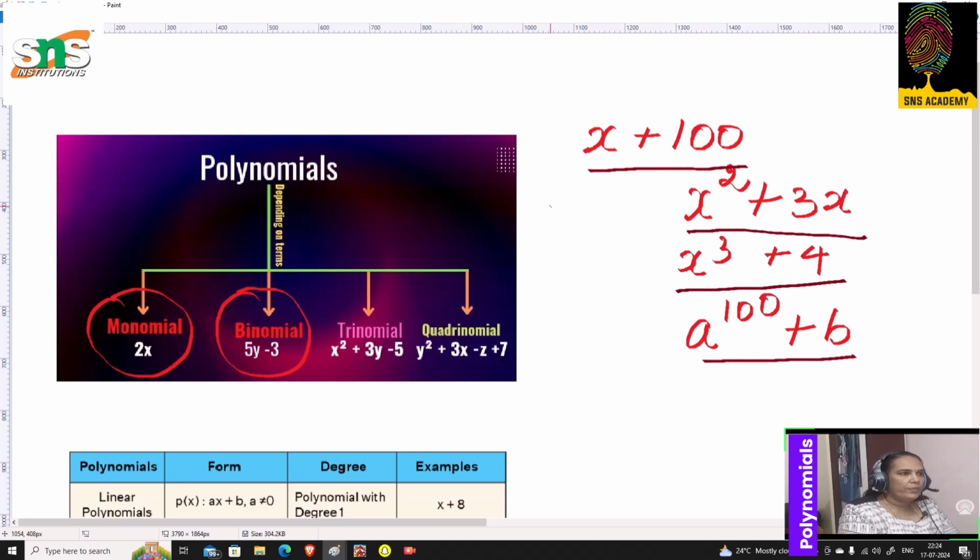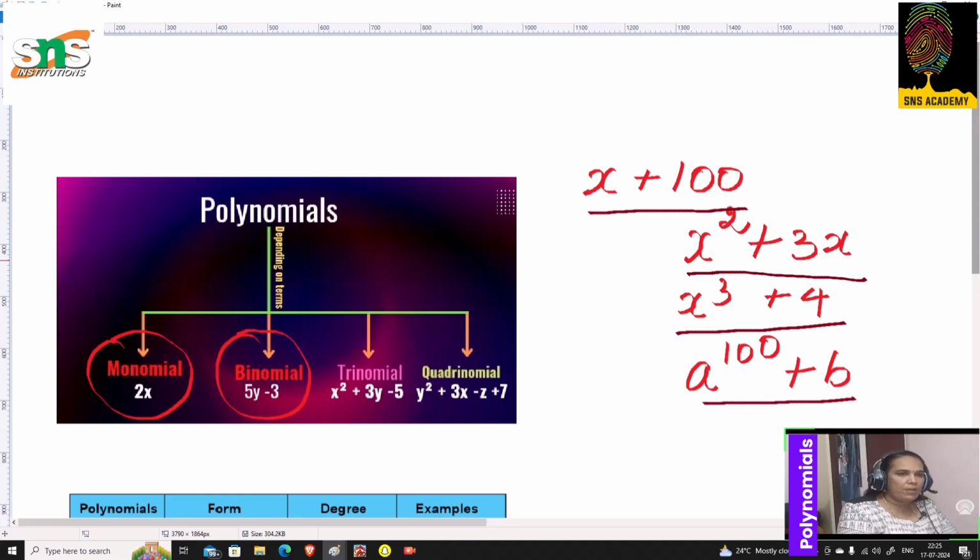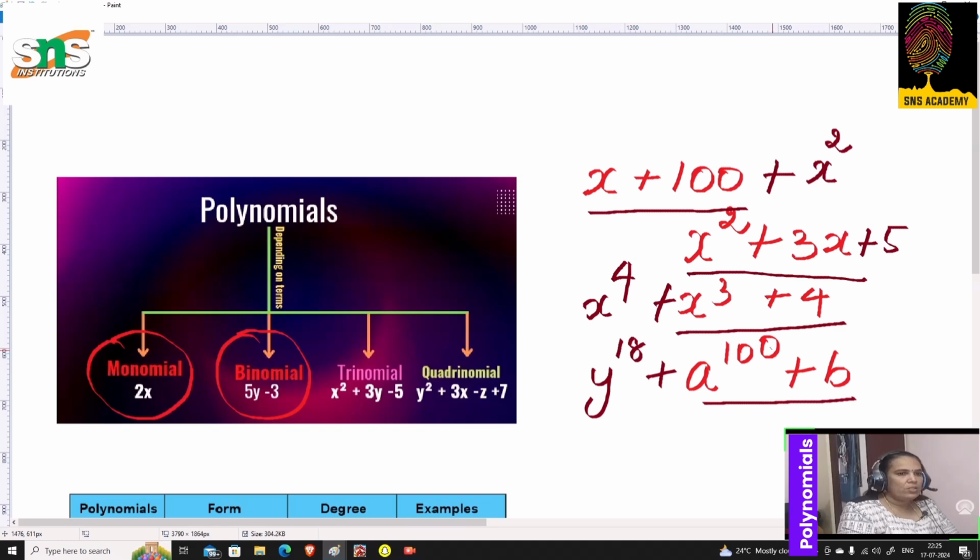And then tricolor, we know the tricolor. Same thing, trinomial means the number of terms in an algebraic expression is 3. Then we can call it a trinomial. For example, I am going to add one more: x cube plus x square plus 5, plus x to the power 4 plus y to the power 18.